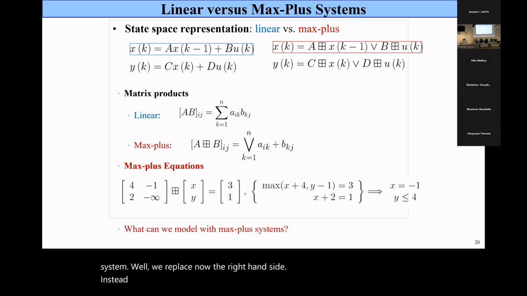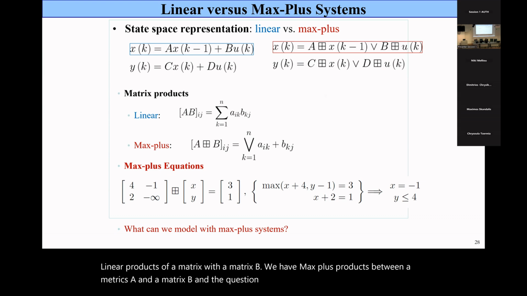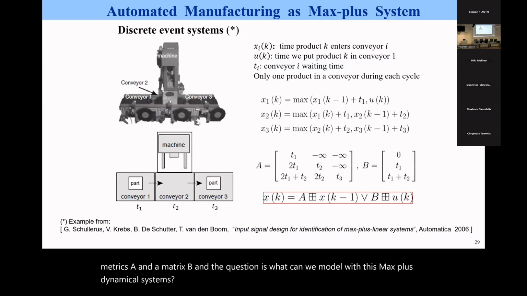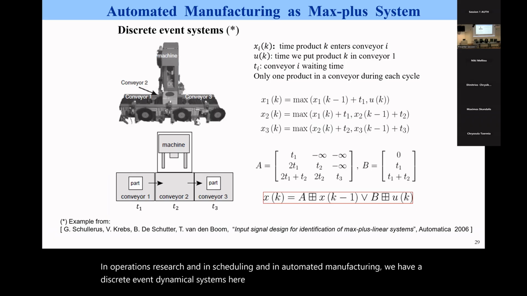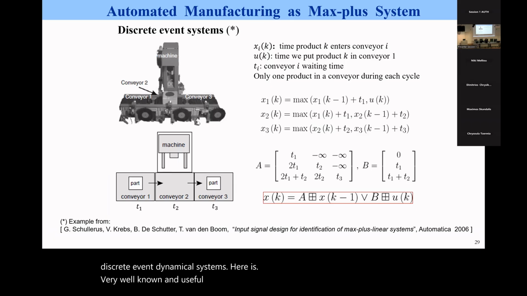Instead of having linear products of a matrix A with a matrix B, we have max plus products between a matrix A and a matrix B. And the question is, what can we model with these max plus dynamical systems? In operations research, in scheduling and in automated manufacturing, we have the discrete event dynamical systems. Here is a very well-known and useful application example.